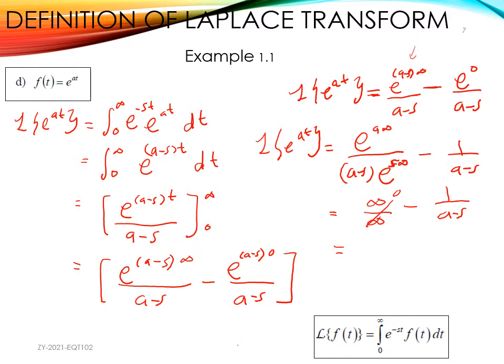So it's negative 1 over a minus s, we can write it as 1 over s minus a. You multiply the negative inside the fraction, so we obtain that Laplace of exponent at equals this one.